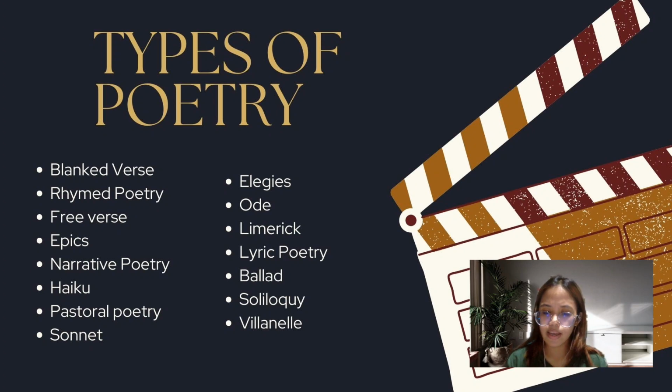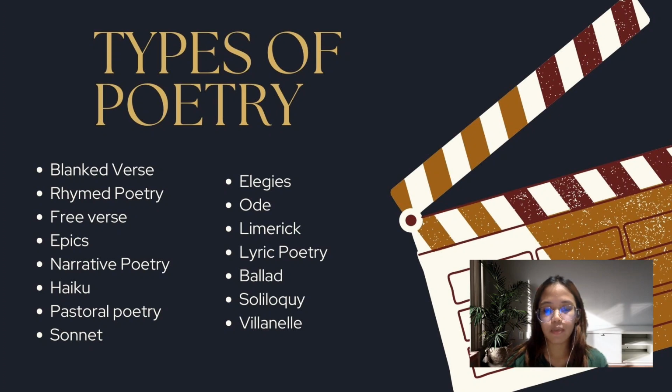Ode is a type of poetry about praising and glorifying a certain event. And then limerick as well, we'll be discussing that later on. And then lyric poetry, which often has song-like qualities. And then ballad. Each stanza of a ballad has four lines, and it follows either an ABCB or ABAB rhyme scheme. And then we have soliloquy.